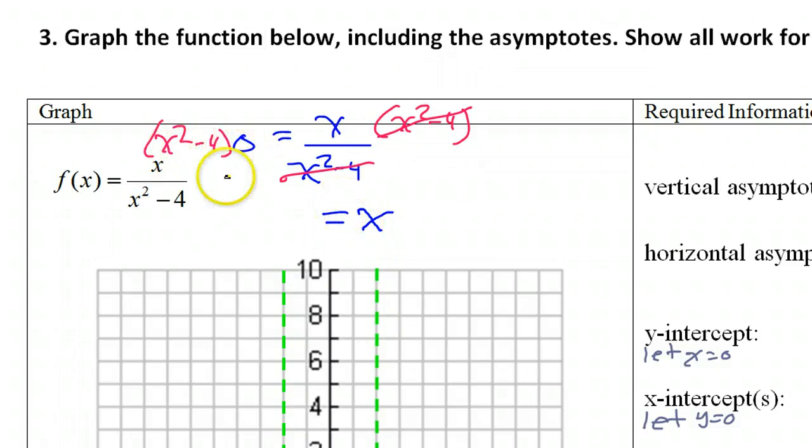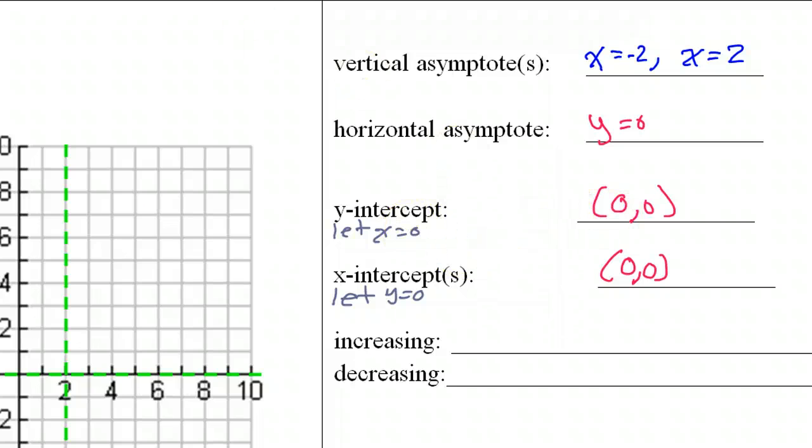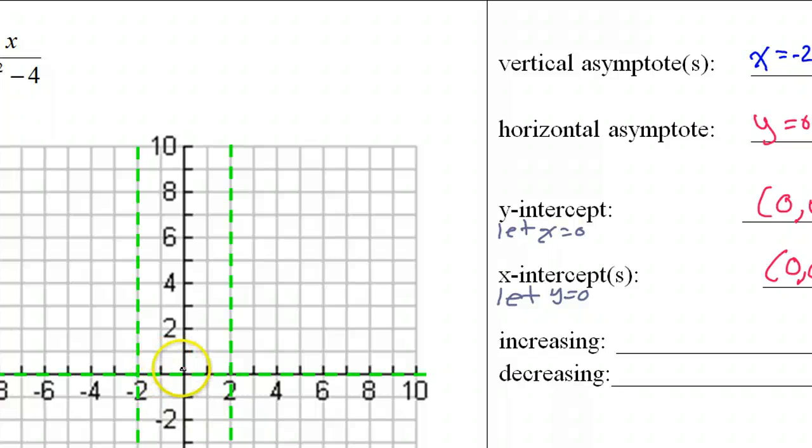But over here, 0 times anything is 0, so you're left with x equals 0. And that's the same thing that we got when we just set the numerator equal to 0 in the first place. So either use the shortcut or don't. Either way, it's going to be the same thing. All right, so our x and y-intercept are both (0, 0). So let's definitely plot that.